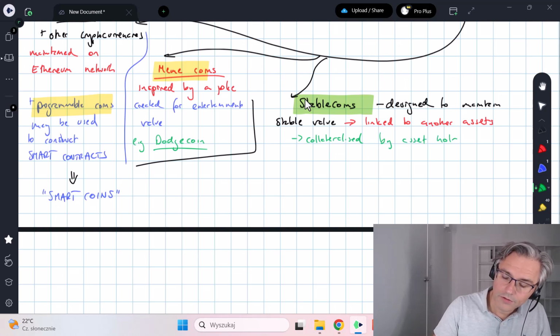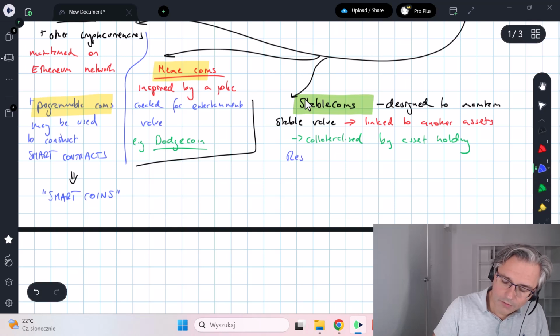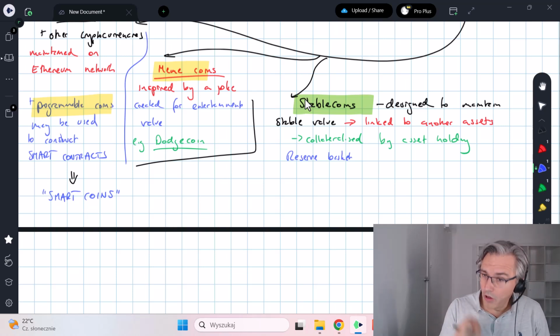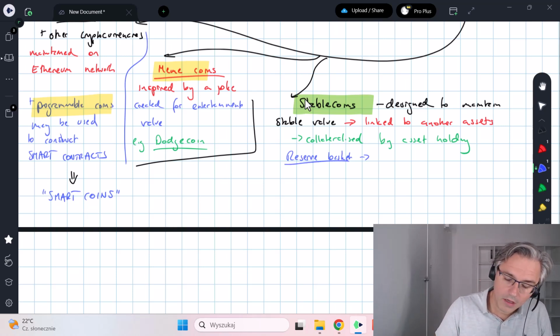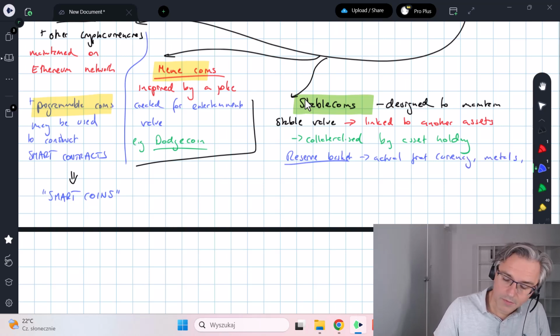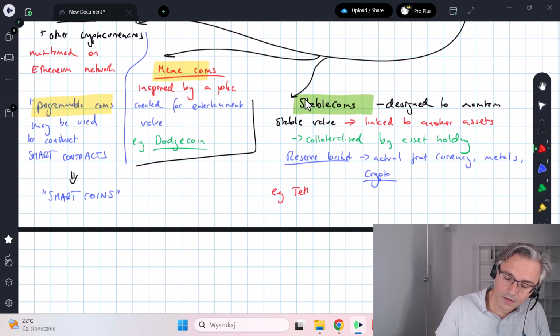So in order to make the stable coin stable, you will actually have what's known as a reserve basket of real holdings of actual real fiat currency like dollars, or maybe actual holdings of metals, precious metals like gold, or maybe holdings of another cryptocurrency like Bitcoin. A good example of this is something called Tether.